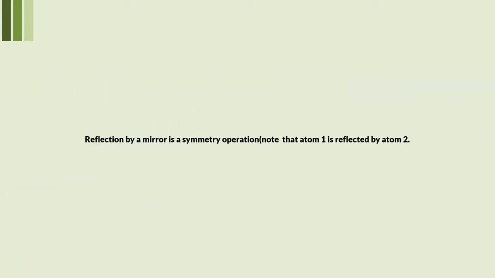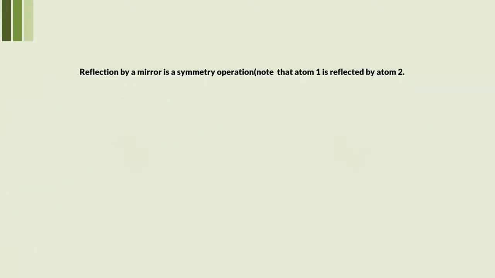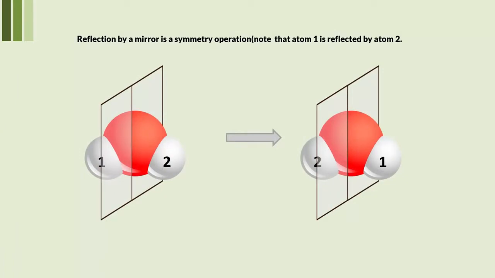Similarly, if you have a plane of reflection, a mirror plane, and you insert the plane cutting the oxygen atom, you find the second hydrogen atom is reflected by the first. In this case, both structures are superimposable.